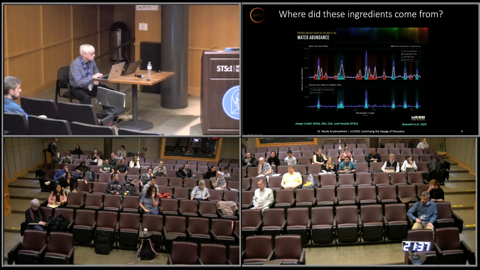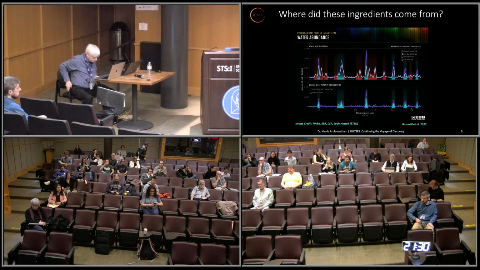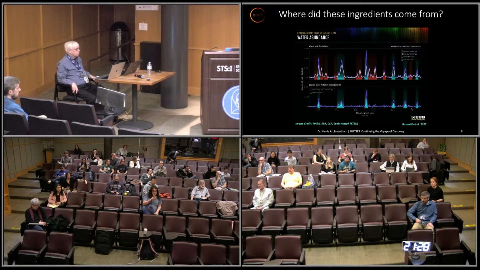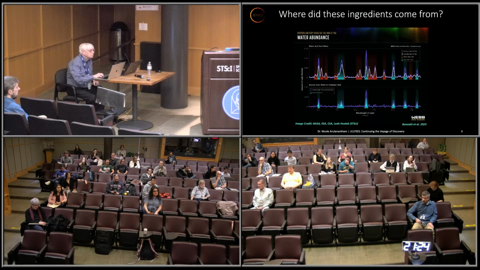Sorry, the pointer's going all over the place. This white spectrum here is consistent with a very warm population of water vapor, so about 800 or 900 Kelvin gas. And we can actually see excess emission that's consistent with cooler material that would be a little bit farther away. And so with JWST now, we're really getting a good handle on what these ingredients look like in protoplanetary disks, very close to the star where we would expect rocky planets to be forming.